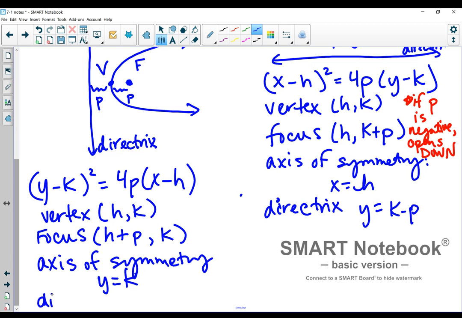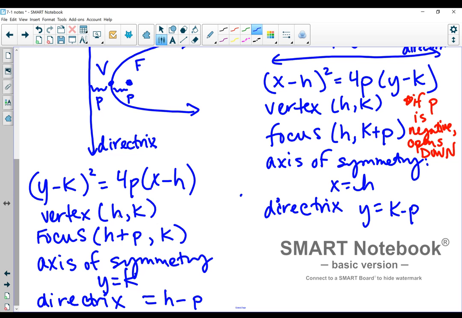And my directrix is a vertical line, so it will be x equals, and it is p units to the left of my vertex. So I'm starting at my h, but I'm subtracting p.